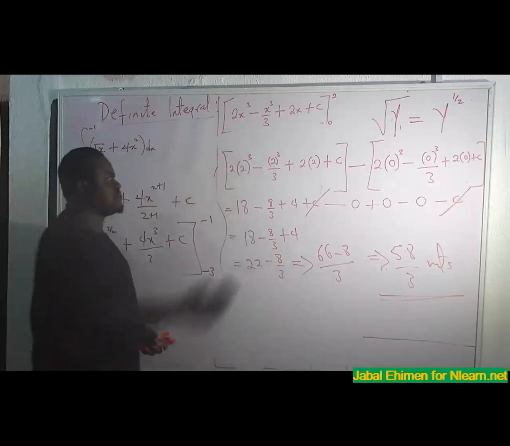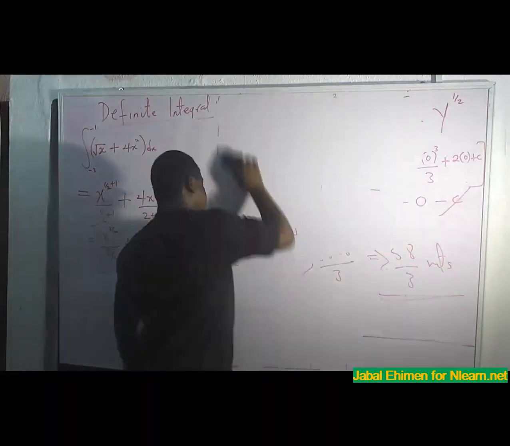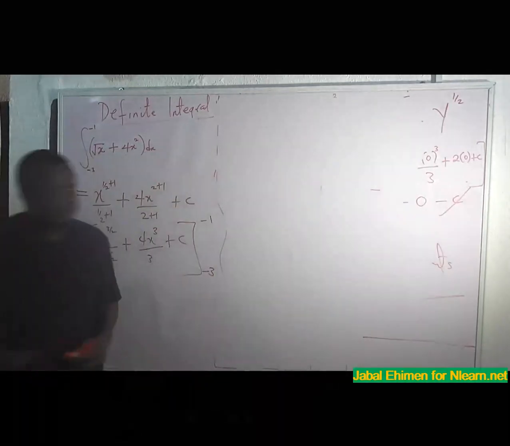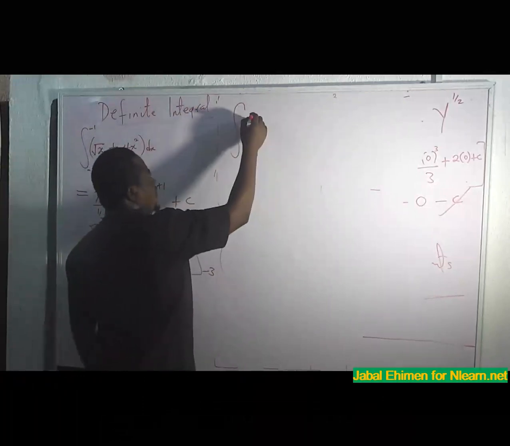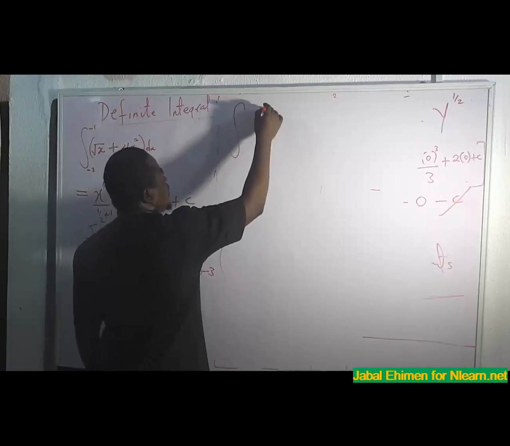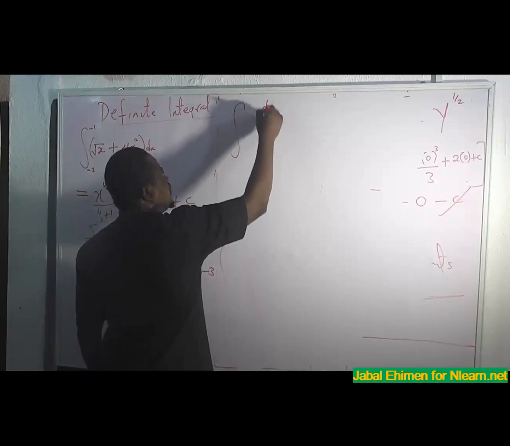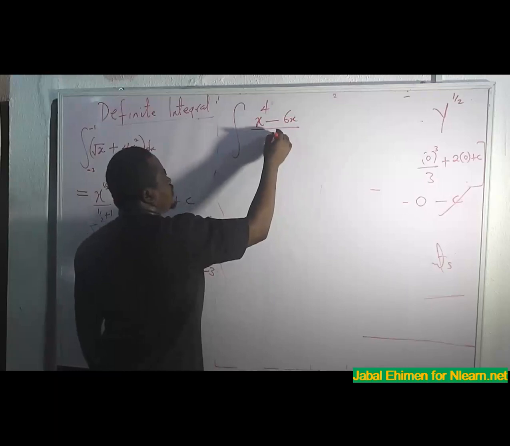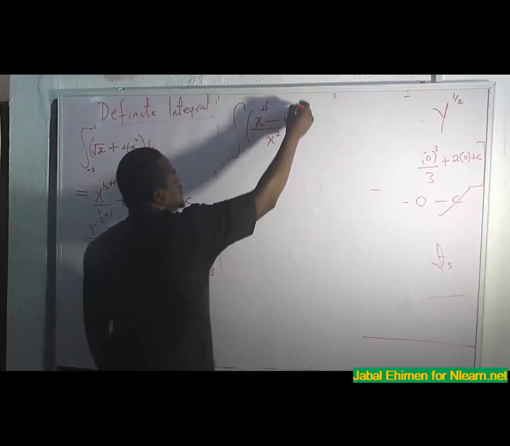But maybe we see another one as a throw. Let's throw this one off, so that we will not be bored. To do this, you have something like integrating x cubed minus x raised to power 4 minus 6x, divided by x squared, maybe dx.